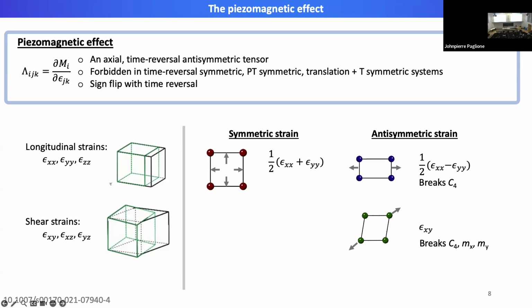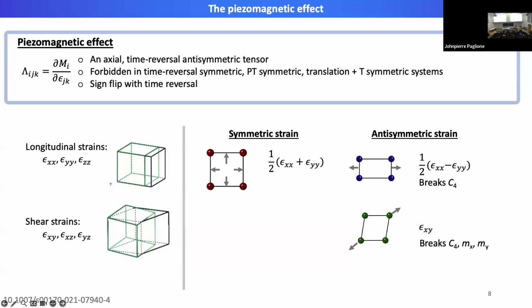In the most conventional sense, there are two main categories of strain or lattice deformation, where the longitudinal strain involves lattice deformation along the principal axis.